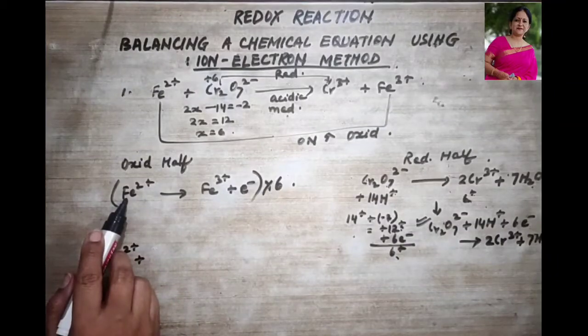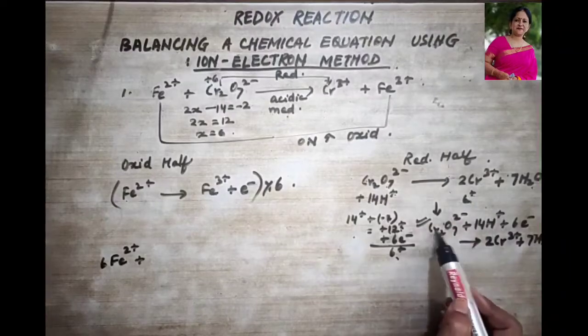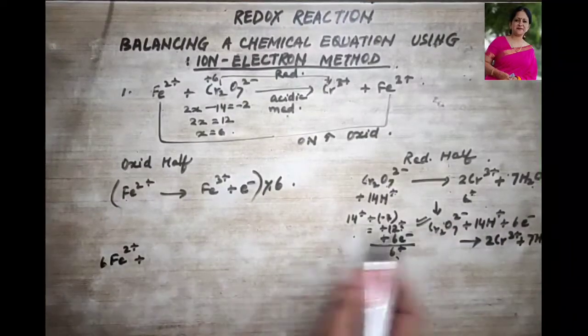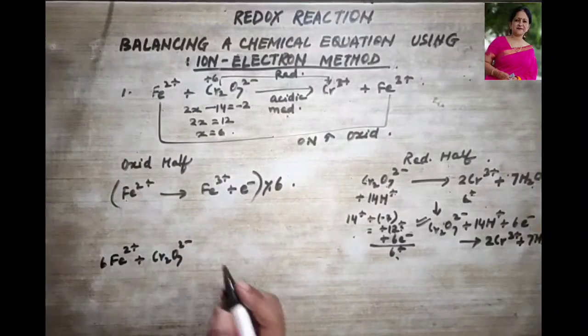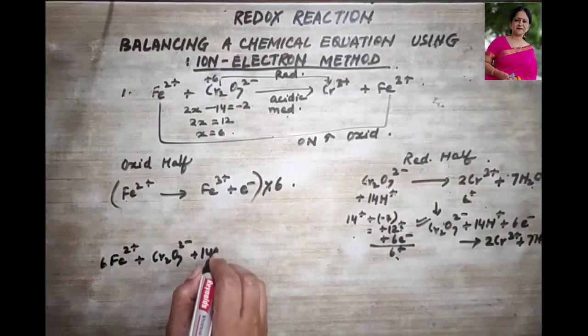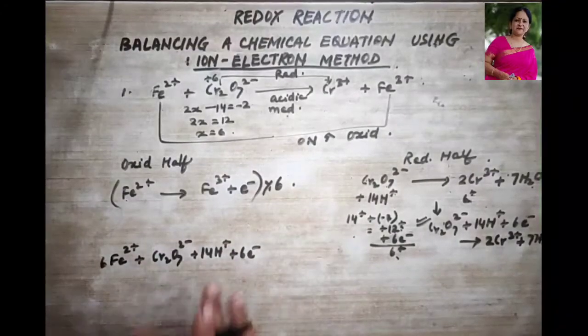This is reactant of the oxidation half. The reactant of the reduction half are these, so bring them over here, plus Cr2O7 2 minus plus 14H plus 6e, right?